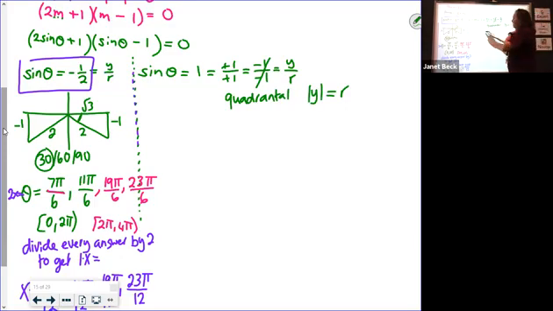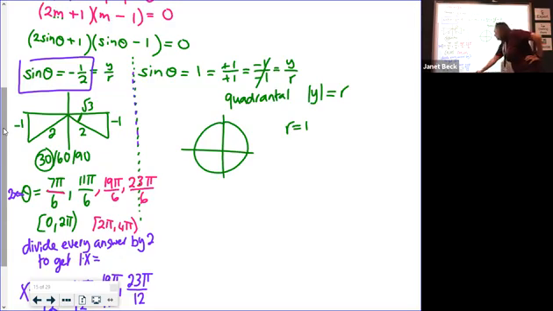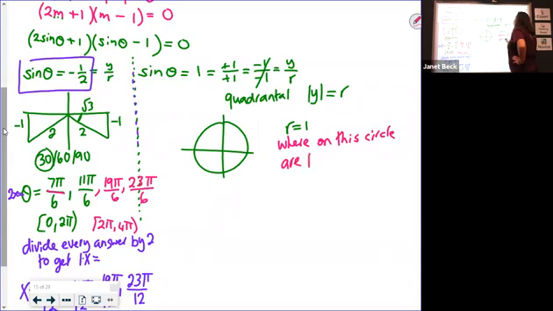So when it's quadrantal, I don't draw a triangle, I draw a circle of radius 1. And the question you're asking yourself is, where on this circle are there points?